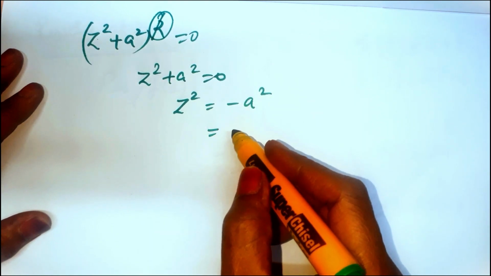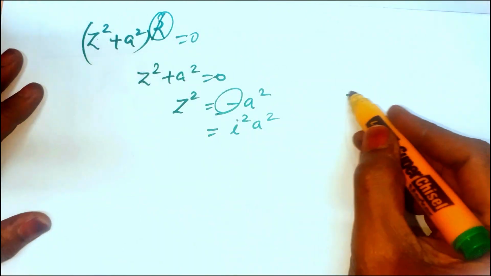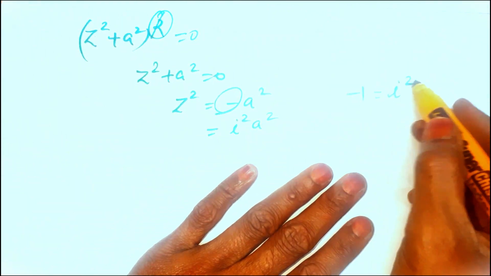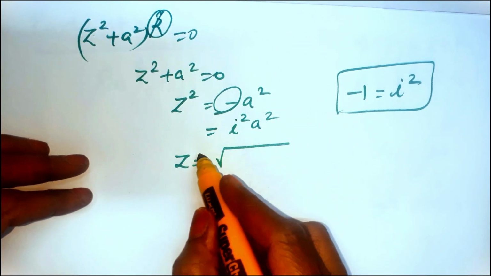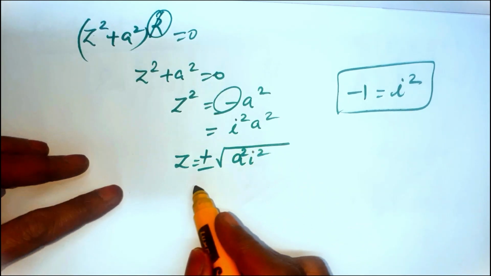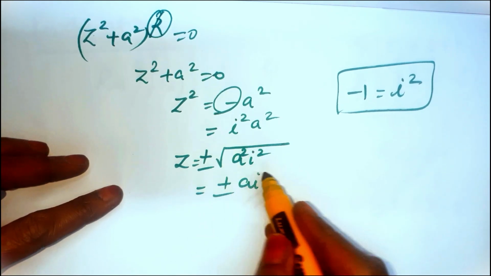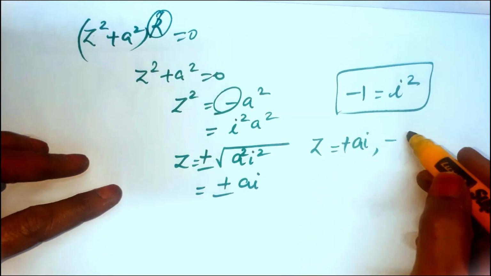Minus a squared means i squared a squared, since minus 1 is equal to i squared. So z is equal to plus or minus ai. So z is equal to plus ai and minus ai.